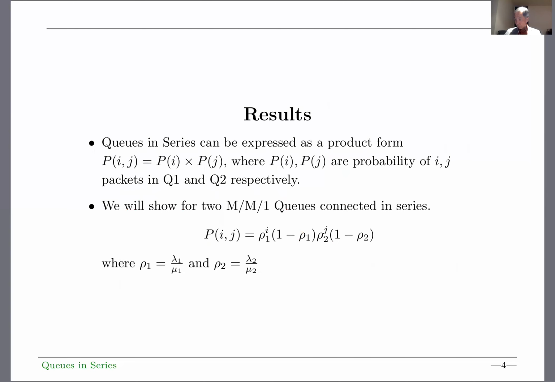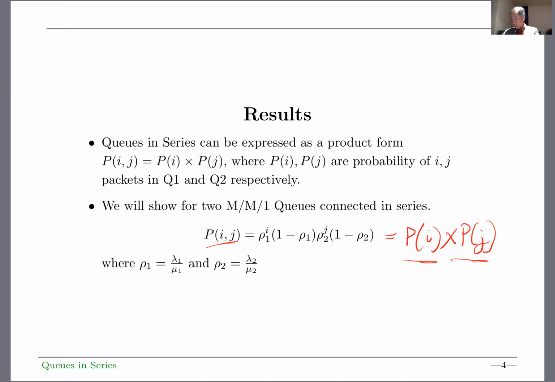This is the result: the joint probability equals the product of the probabilities, because of independence. You have the first queue with probability of I, multiplied by the second queue with probability of J, as they are separate queues.